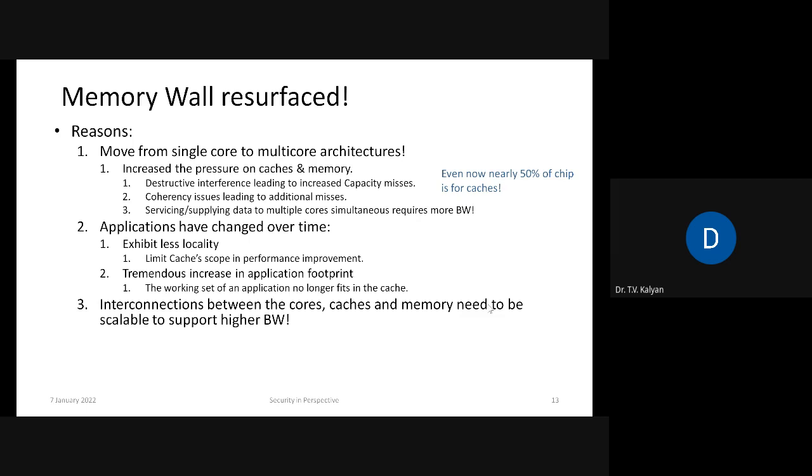They can interact with each other, and the caches are also split, and the memory that is now being shared by all the cores needs to be more and more scalable in terms of bandwidth. So the modern memory wall is where both latency of the memory and the bandwidth are critical.